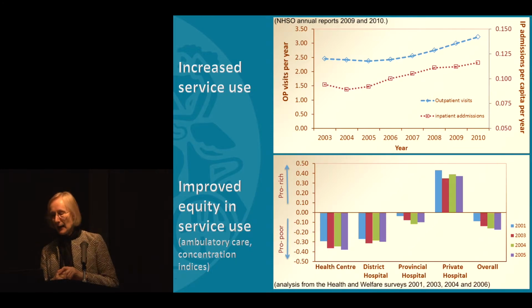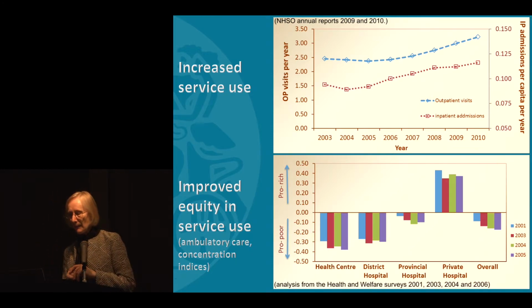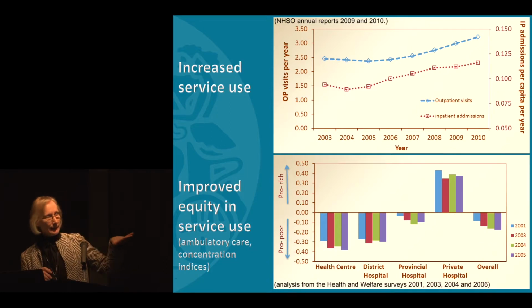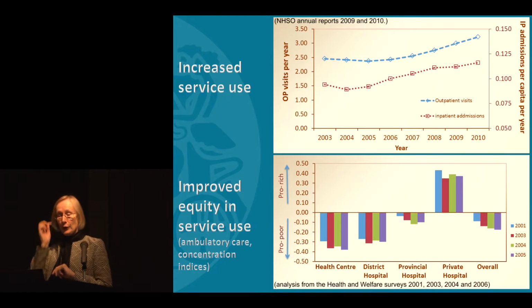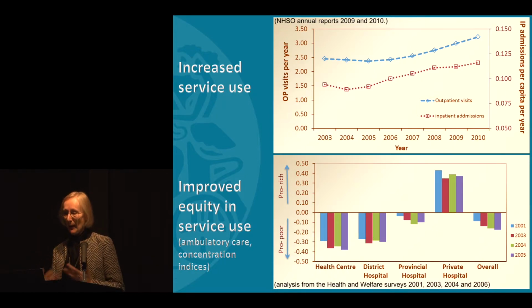This shows the analysis for ambulatory care. It disaggregates the use of services by different levels of care, health centre, up to provincial hospital, private hospital, and overall. And this graph shows concentration indices that come out of the benefit incidence analysis.